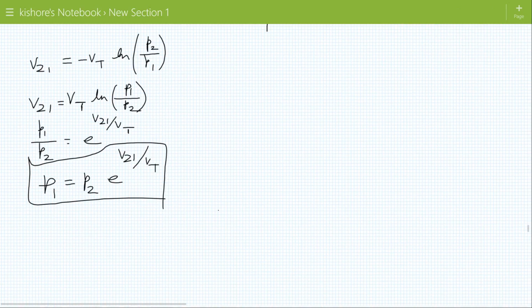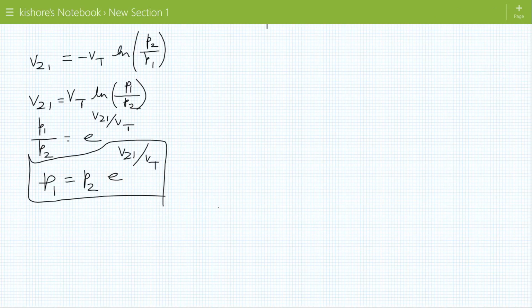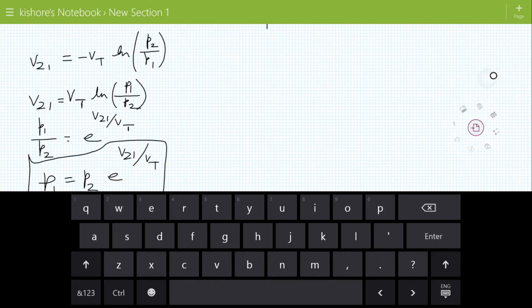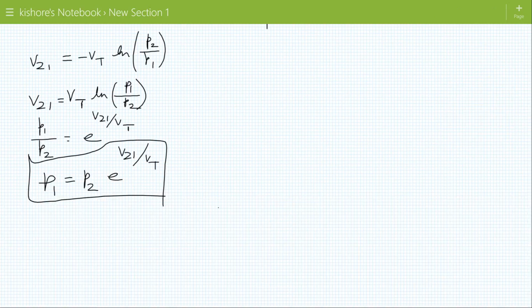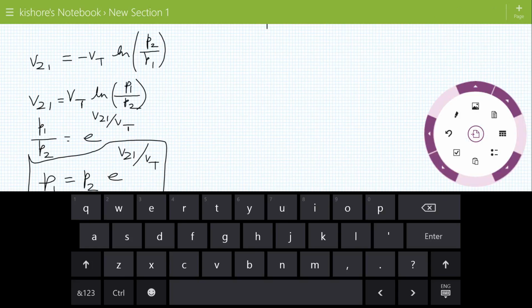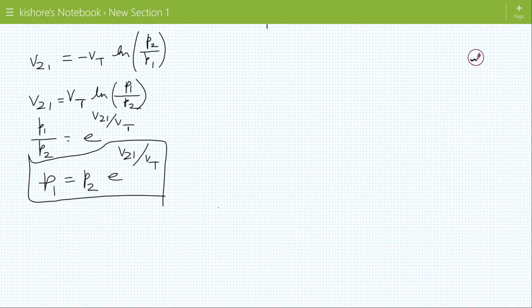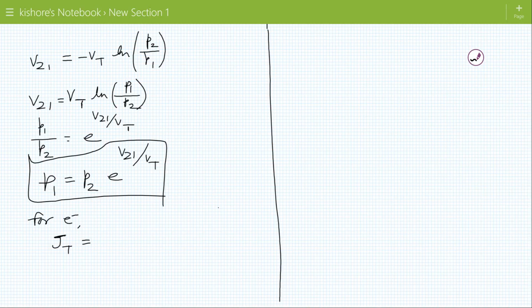Now we can derive the similar relation for electrons also. For electrons, Jt is Jn diffusion plus Jn drift.